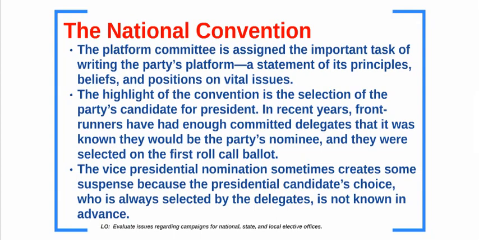The highlight of the convention is the selection of the party's candidate for president. In recent years, frontrunners have had enough committed delegates that it was known that they would be the party's nominee and that they were selected on the first roll call ballot. The vice presidential nomination sometimes creates some suspense because the presidential candidate's choice, who is always selected by the delegates, is not known in advance, at least most of the time.